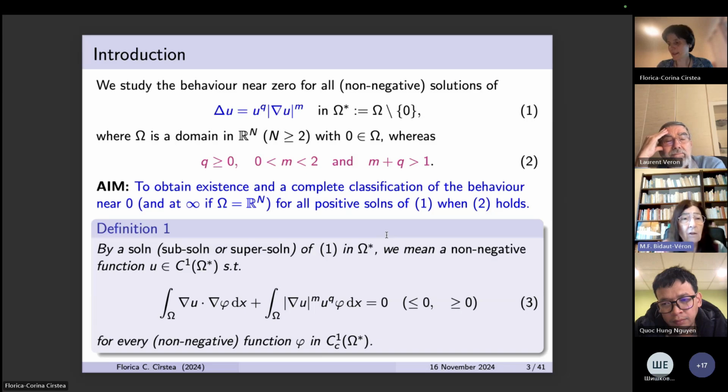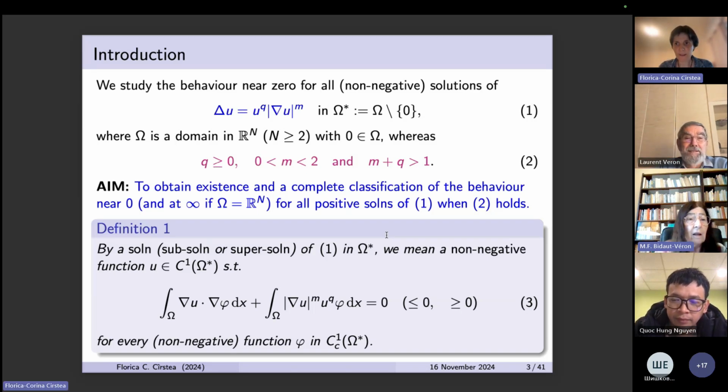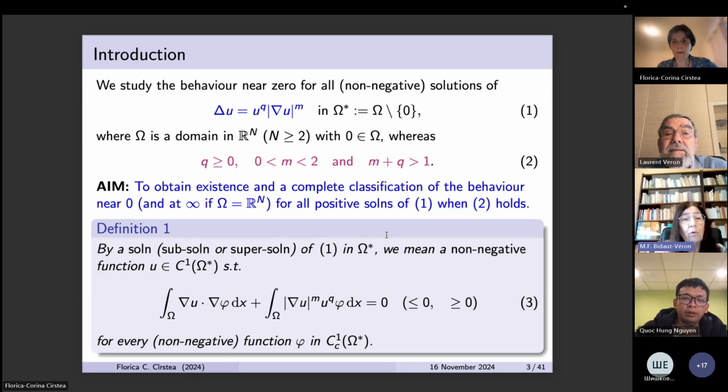Another remark, you obtain your estimates of U, and then you deduce estimates of the gradient, but after that, it needs that m is less than 2. I think that you have, with Chang, used the Bernstein technique to prove directly the estimate of the gradient, and then obtain the estimate of U by integration.